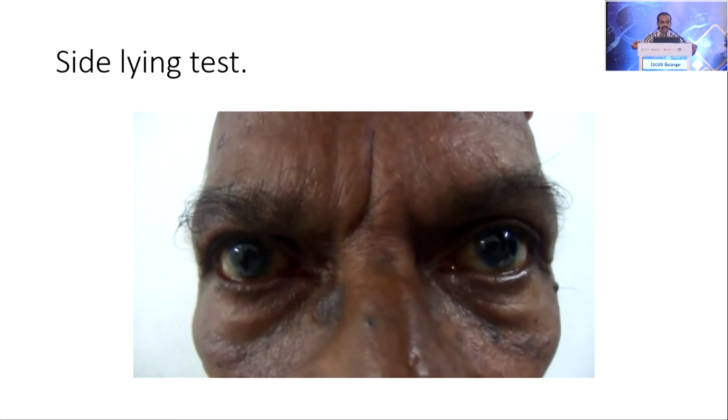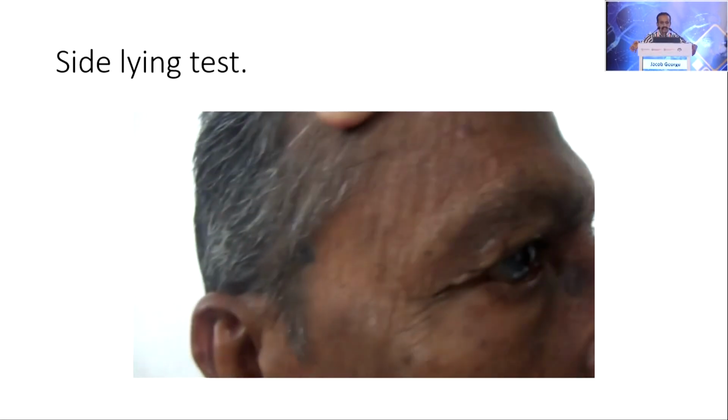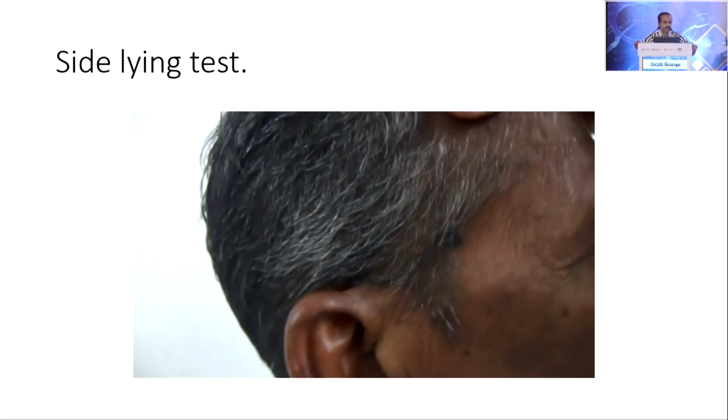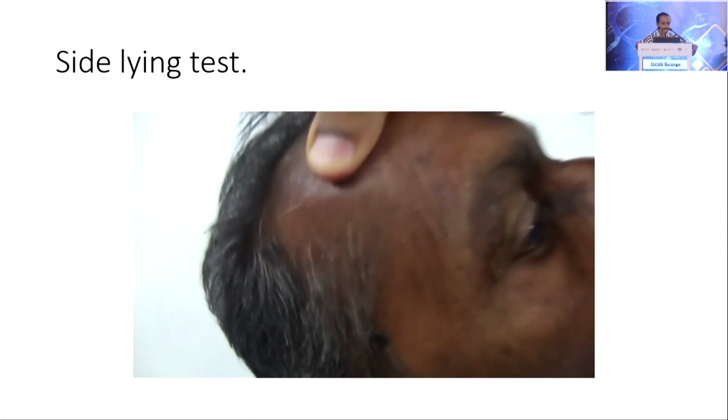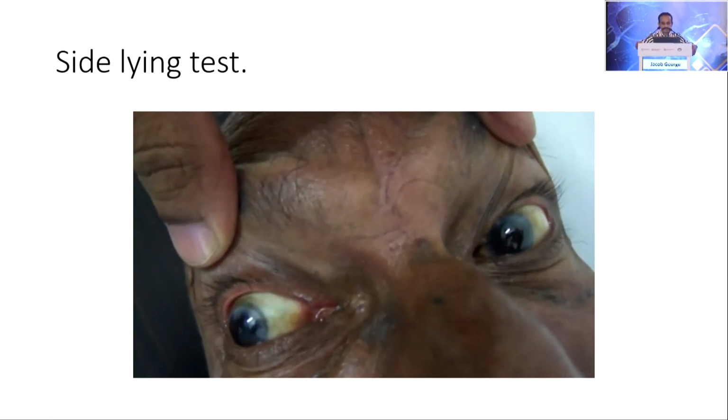Now we turn the head to the left side and the patient lies to the right side. That is a test for the right posterior canal. Yeah, now you see the vertical upbeating and rotatory nystagmus.